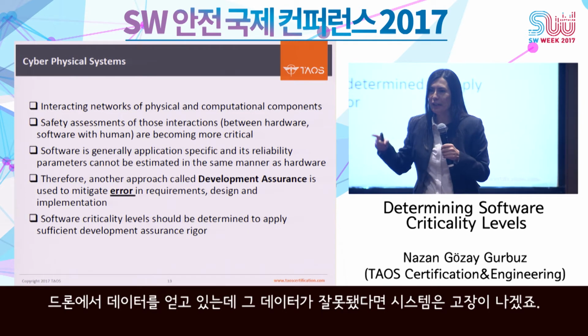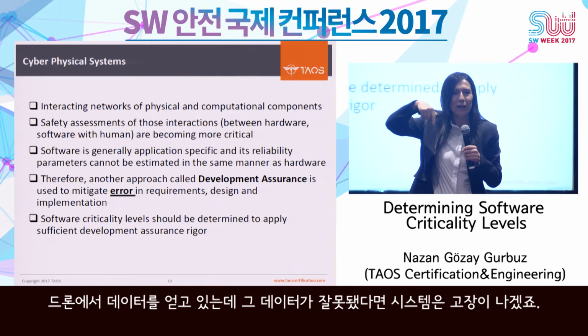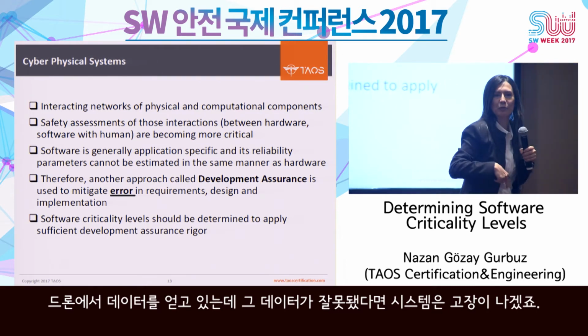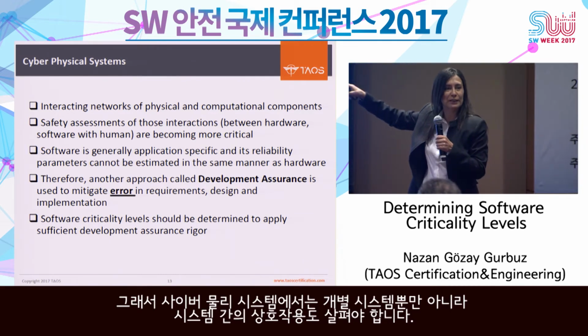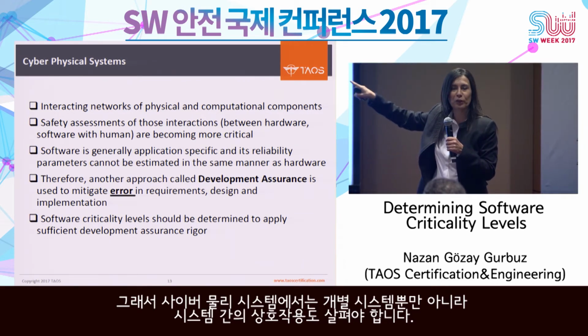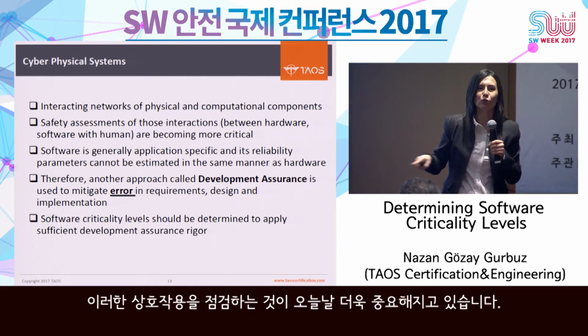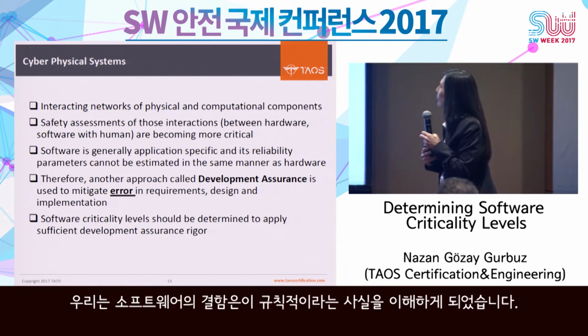If I get data from a drone, and the data is sent to my system erroneously, my system will fail. So when we look at cyber-physical systems, we need to assess interactions too, not only the individual systems. So safety assessment of those interactions and systems is becoming more critical nowadays.